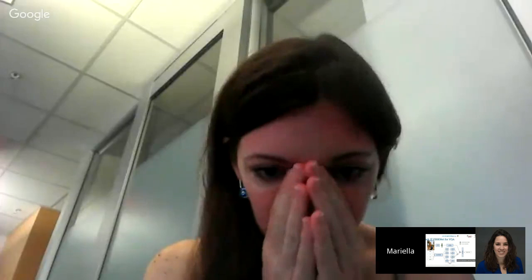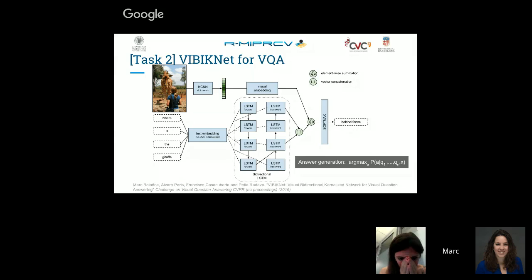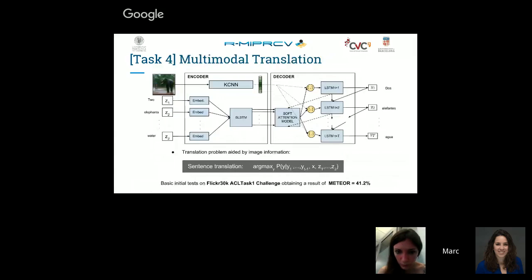For example, if it's asking about some color and most of the answers are red, it will say red. And in the translation case, as I was saying in the introduction, the image is just some additional information. What we really want is to translate exactly the sentence. So even if we don't use the image, the result is pretty good. It just gives some little information.